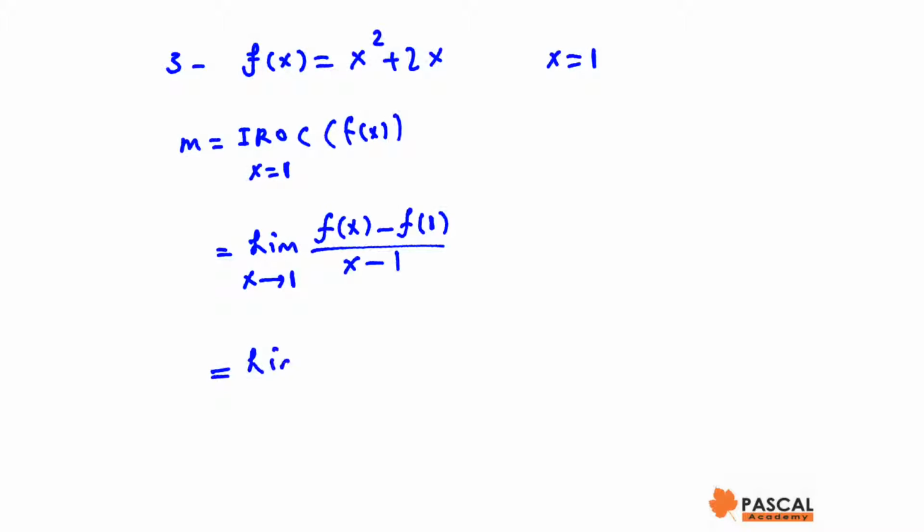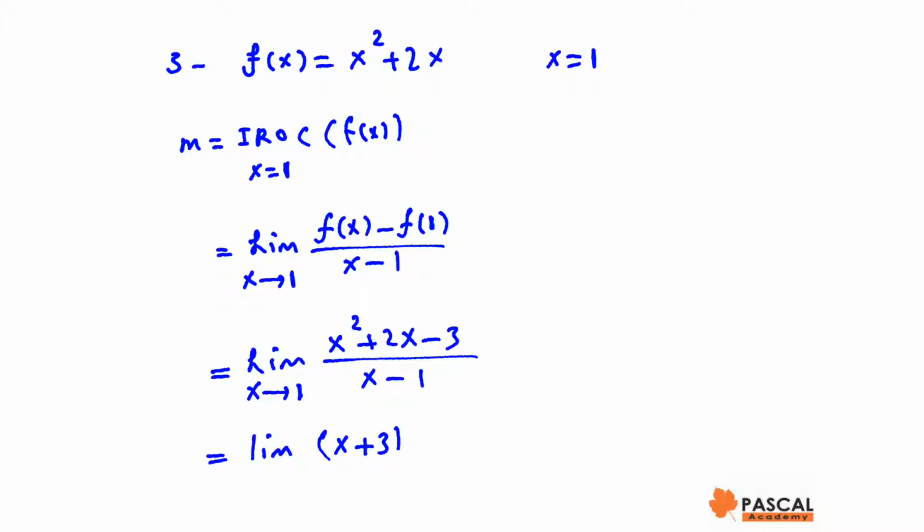It's the same as the limit of x squared plus 2x minus 3, since f of 1 is 3, over x minus 1, as x approaches 1. The function can be reduced to x plus 3 if we factor the numerator and cross out x minus 1. Therefore, the slope of the tangent line is the limit of x plus 3 as x approaches 1, which is 4.